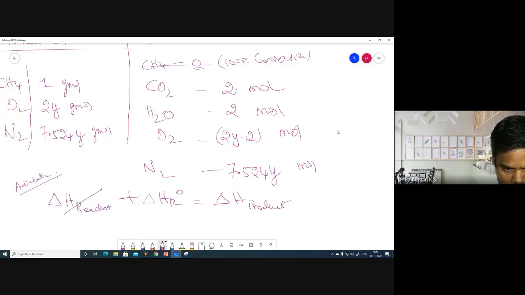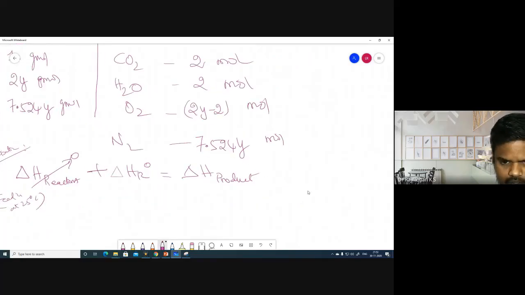The reactant term is 0 because the feed is at 25 degrees Celsius, and delta H of the reaction is given as 801 kilojoules. This equals delta H of the products, which we now have to determine.